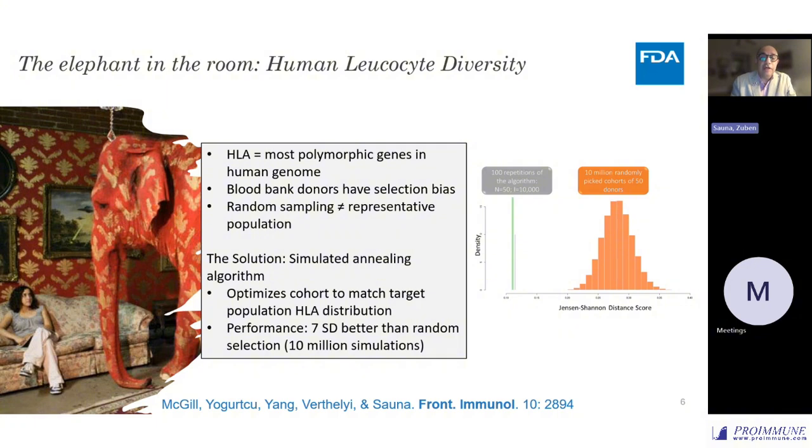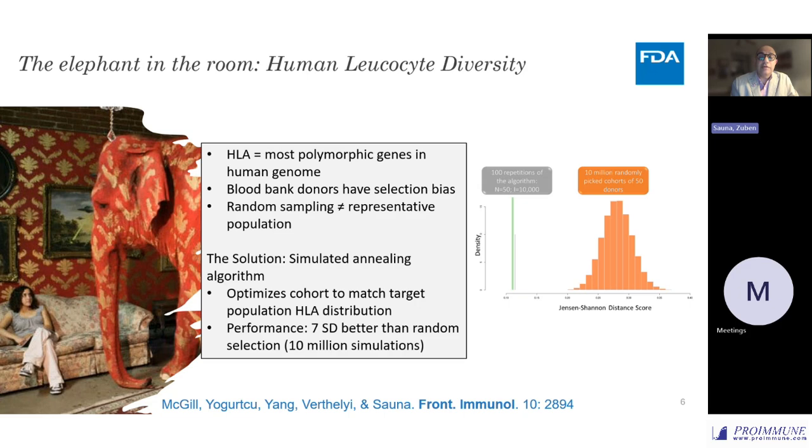And this graph over here, on the x-axis is something called a Jensen-Shannon distance score. And you don't have to understand the statistics of it, except that the larger this score is, the further you are away from the desired population.